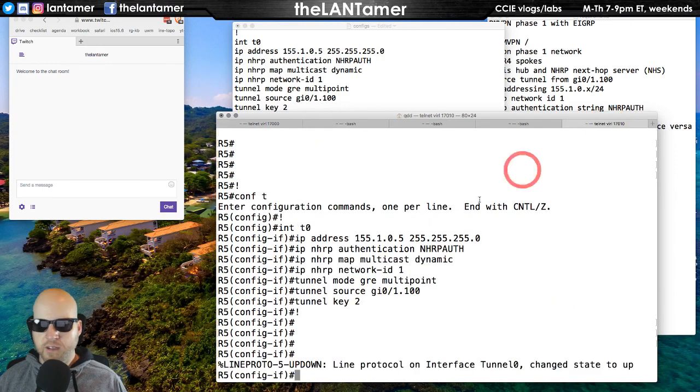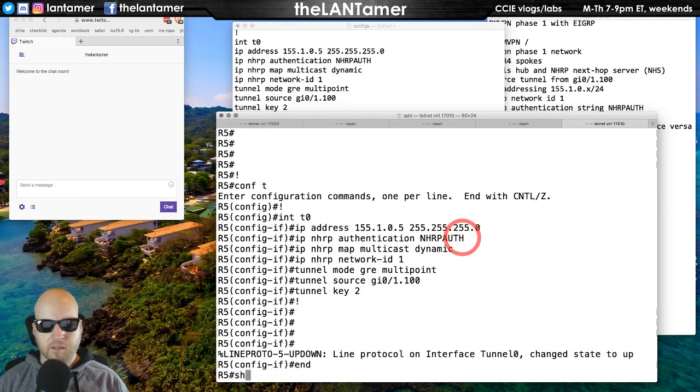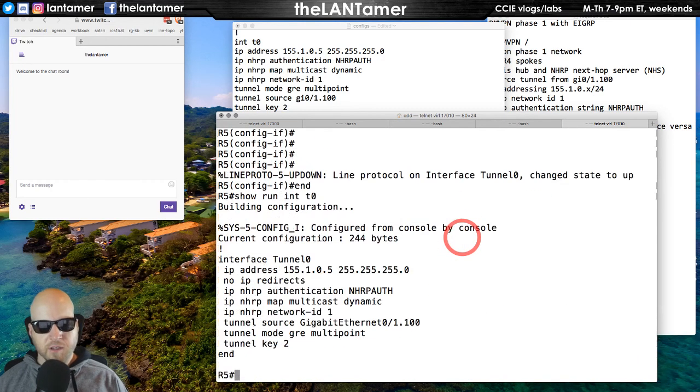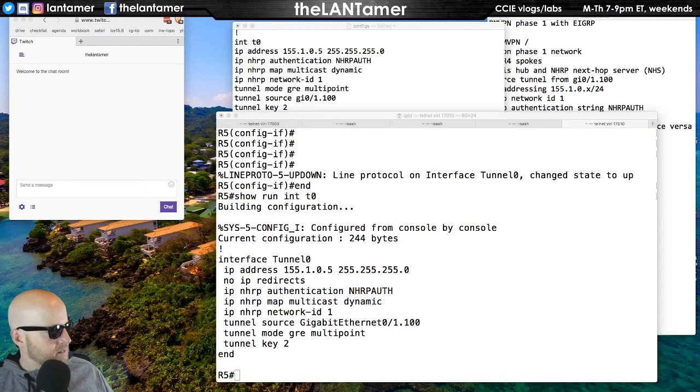Now let's look at router 5. It appears up, but I just want to double check. Okay, interface tunnel 0, no IP address, IP NHRP authentication, IP NHRP map multicast dynamic, IP NHRP network ID 1, tunnel source, tunnel mode GRE multipoint, tunnel key, yes.